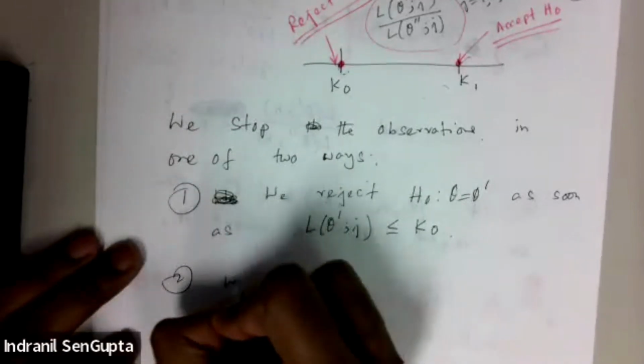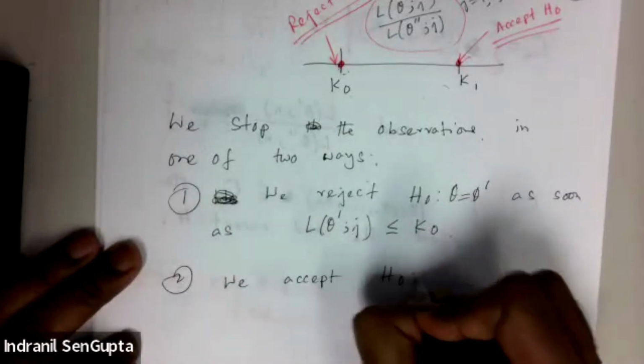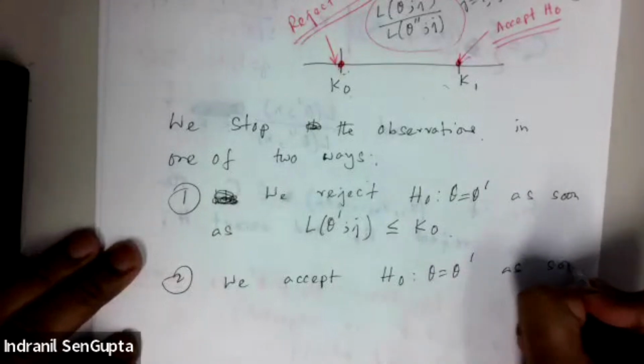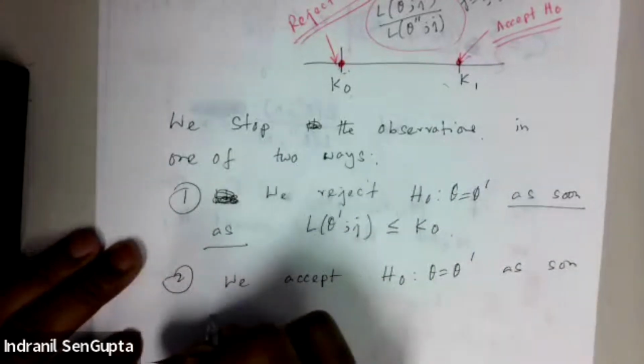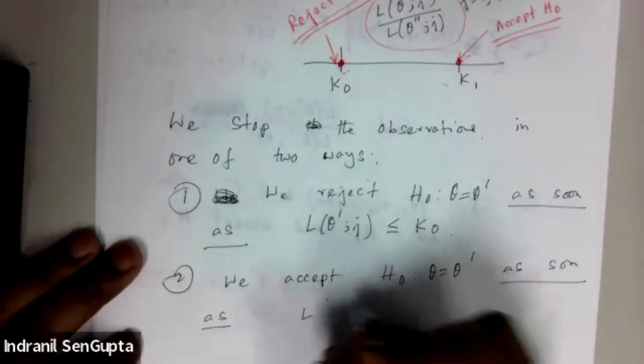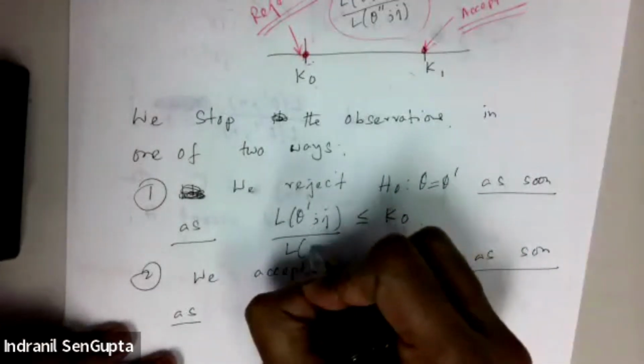And then we accept H0 as soon as you get an observation, sorry, I didn't write the complete thing here. It's L of theta double prime.